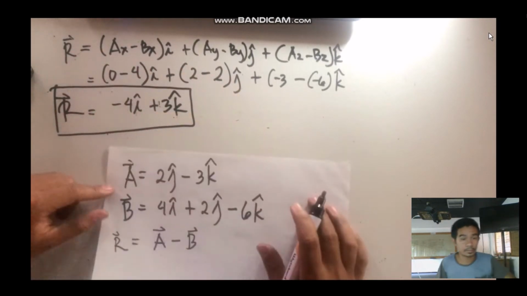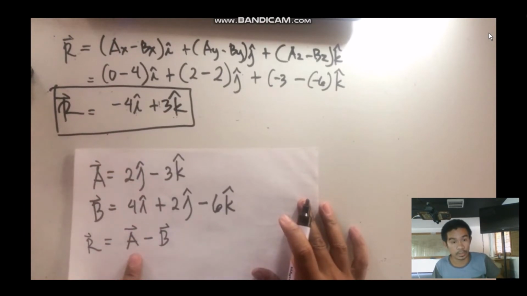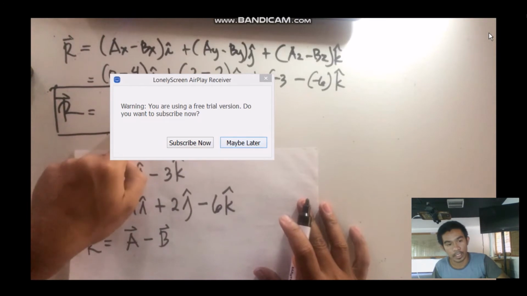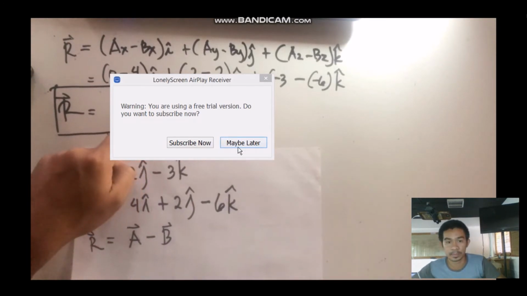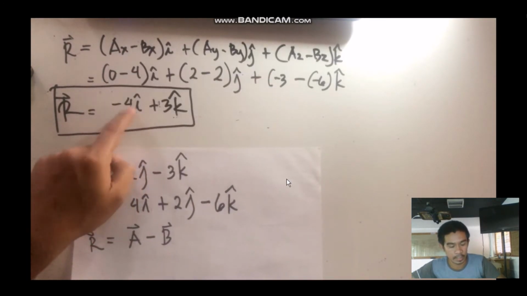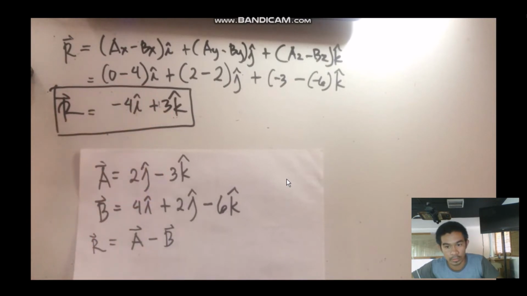So the sum of vector A and the negative of vector B is negative 4 i hat plus 3 k hat. It has no y component.